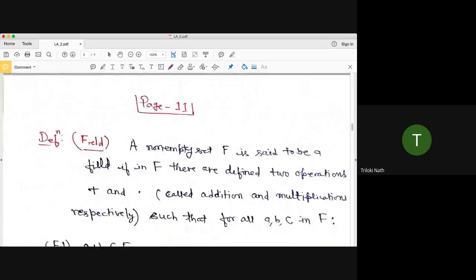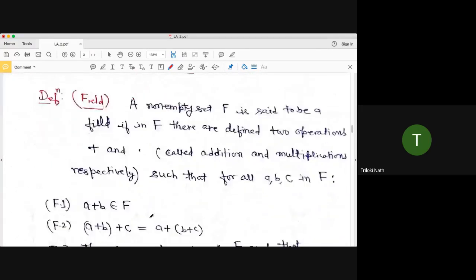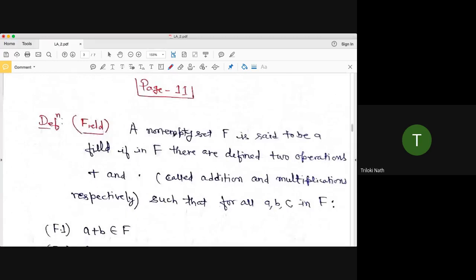Okay, so what is the abstract definition of a field? Any non-empty set F is said to be a field if in F there are defined two operations. When we say that in F there are defined two operations, that means we have mappings in F. Later on we will see it in detail.